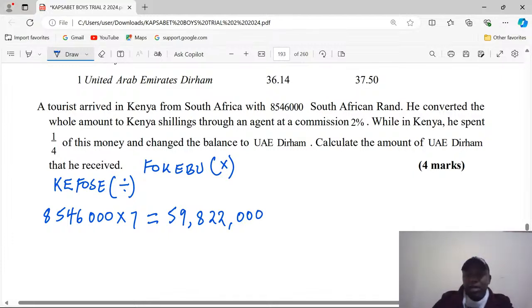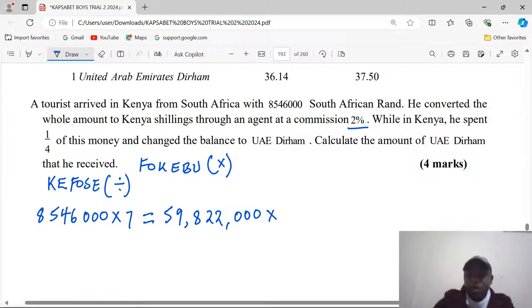Now, this tourist did not get all this amount because of the commission through the agent at the bank. Because of paying the 2% commission to the agent, he only got 98% of this money.